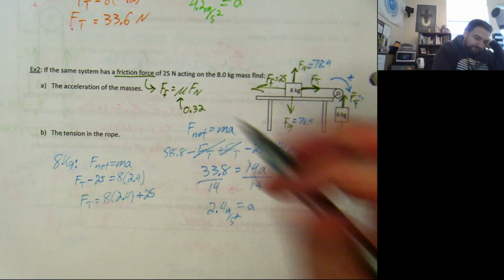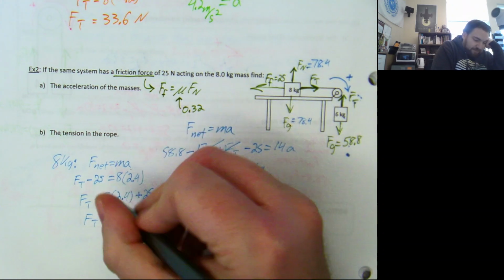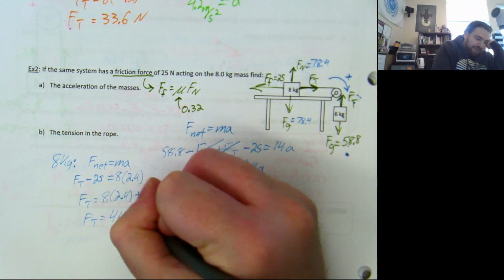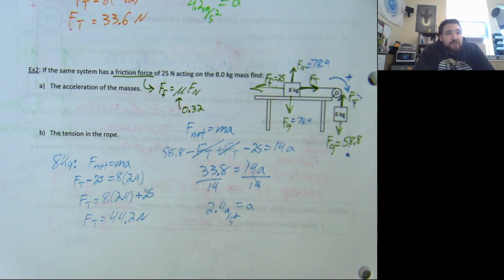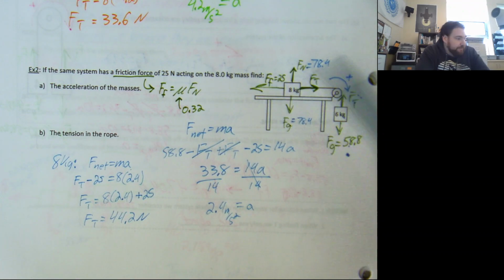That value, I calculated before, is 44.2 newtons. So the tension has increased. We have a larger tension in the rope because friction exists over here. And that's it.